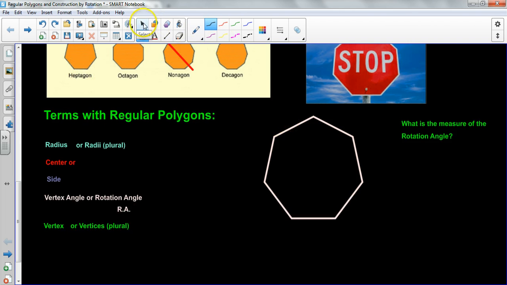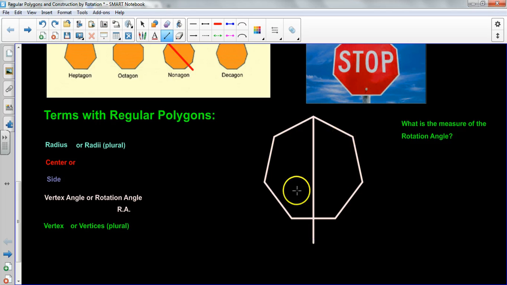So to find our center point, all I'm going to do is draw in some lines of reflection. I'm going to grab my segment tool and draw a line of reflection, maybe this vertical one here, right through the middle. There's a line of symmetry. So the center point has to be somewhere on here, but I don't know exactly where. So I'm going to do that again. Grab another vertex, go through the opposite midpoint. That would be another line of symmetry.